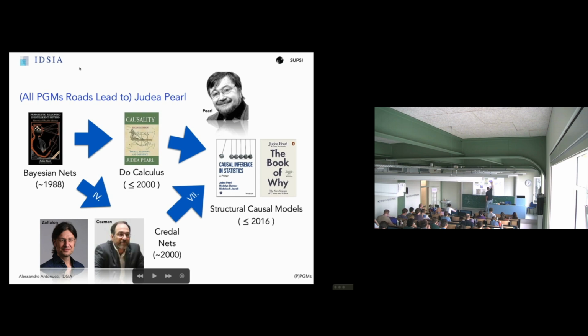But of course, people, especially Judea Pearl, tried to expand these theories and moved from Bayesian networks to so-called structural causal models, which are at the same time a special class of Bayesian network, but somehow extend the formalism and the expressive power of Bayesian networks in the direction of causality. This is the mainstream, if you want.